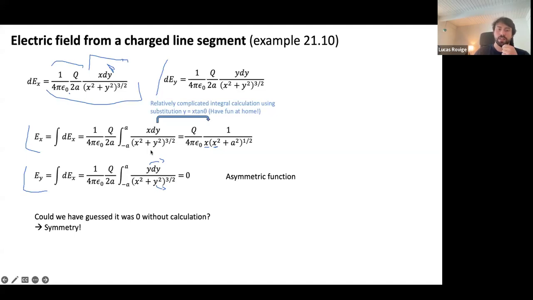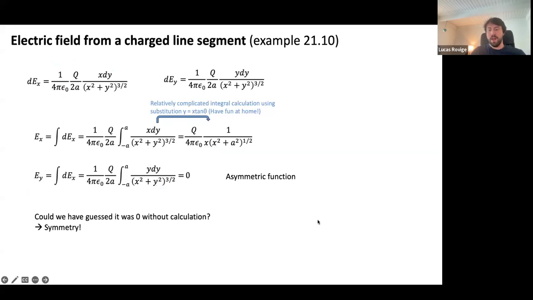And so we have asymmetric over symmetric function, and that gives you an asymmetric function, meaning that if you go to the negative value, it's the opposite of the positive value. And therefore, you don't have to calculate this integral and just get 0 because the negative part is exactly compensating the positive part. But could we have guessed that this contribution was 0 without any calculation?